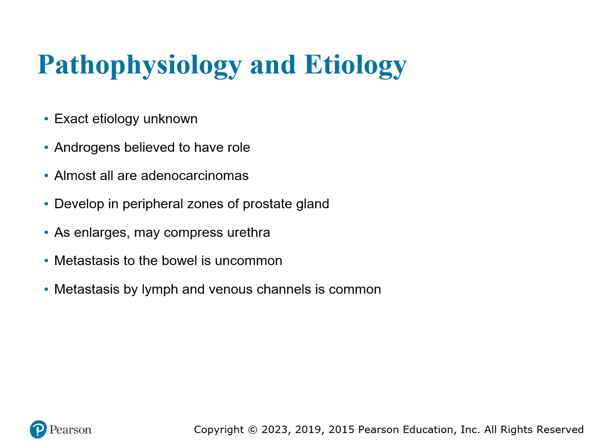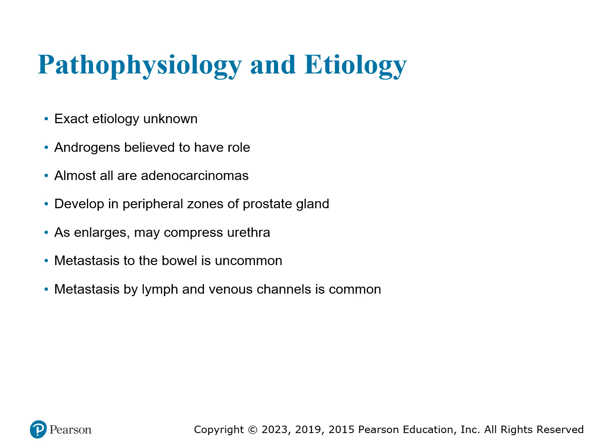The prostate gland consists primarily of glandular epithelial cells. The exact etiology of prostate cancer is unknown, although androgens are believed to have a role in its development. Almost all primary prostate cancers are adenocarcinomas, and they develop in the peripheral zones of the prostate gland. This location increases the risk of local spread to the prostatic capsule.